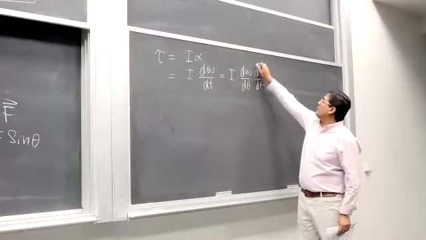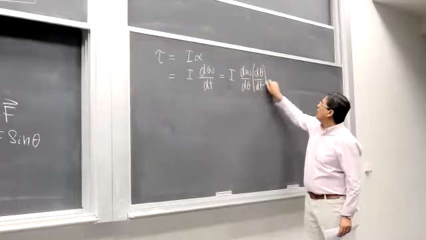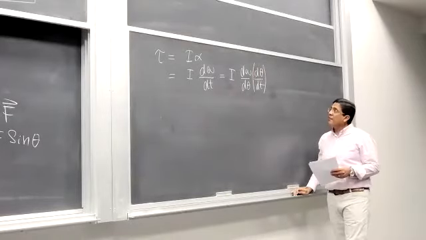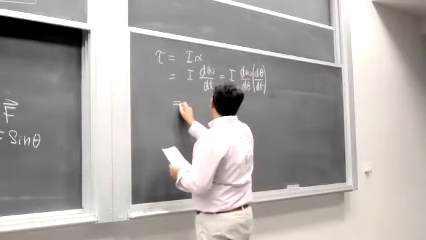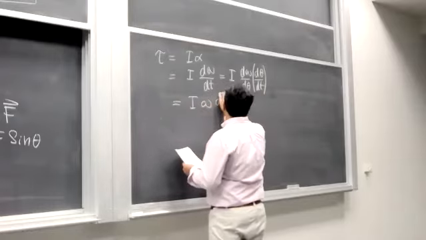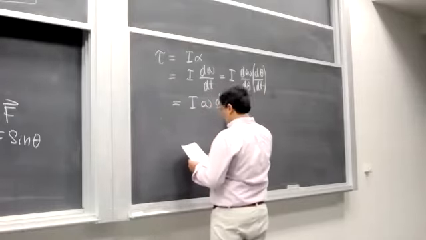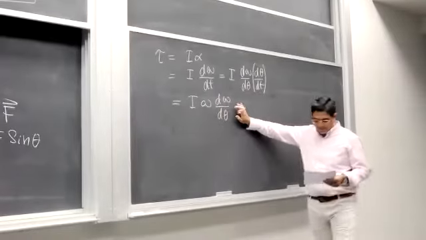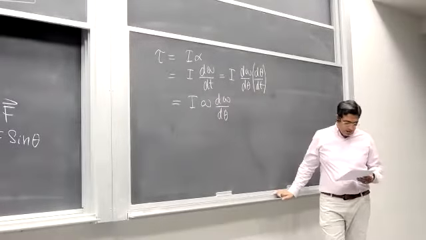All right, so what is this then? The quantity in parenthesis, the rate of change of angle, is omega. So then it becomes I omega d omega over d theta. So we get this expression.